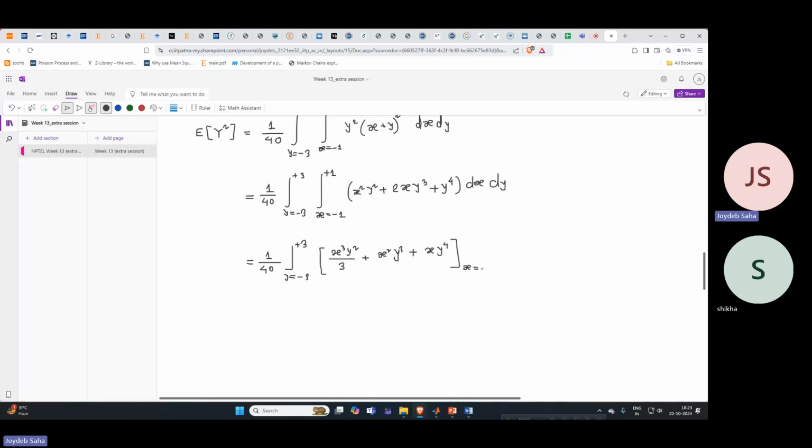And x is equal to minus 1 to plus 1. Dy.